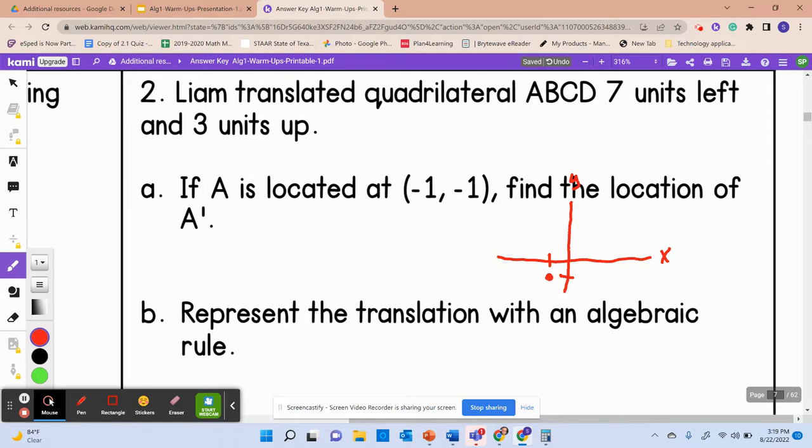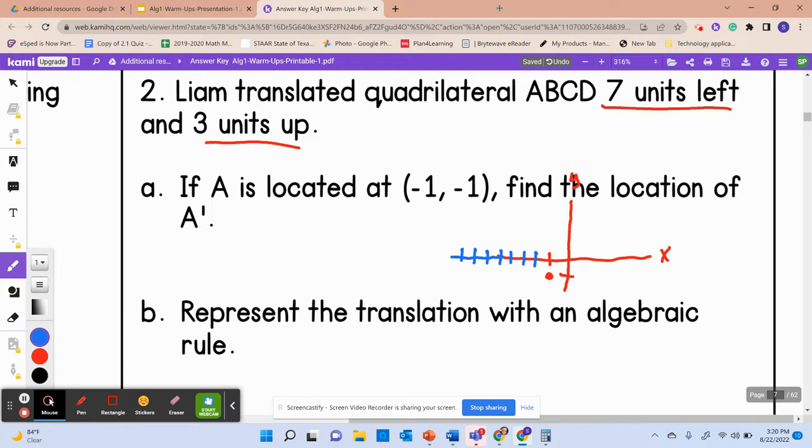Well, I have to move this 7 units left and 3 units up. So if I were going to move it 7 units left, I would go 1, 2, 3, 4, 5, 6, 7 units left. And then that would get me right here.